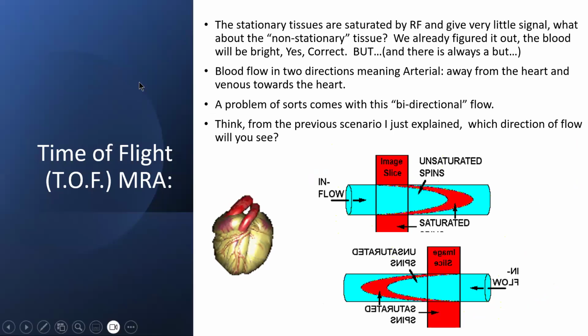Now, know that blood is bidirectional. What goes up must come down, right? So we've got the heart beating here. Blood is flowing up into the slice. Blood is also flowing down in the venous side. With this kind of scenario, we're going to see both veins and arteries. And you only want to see one side.